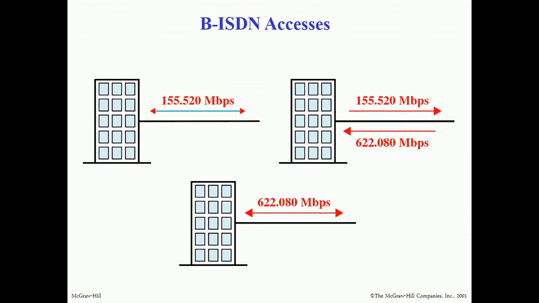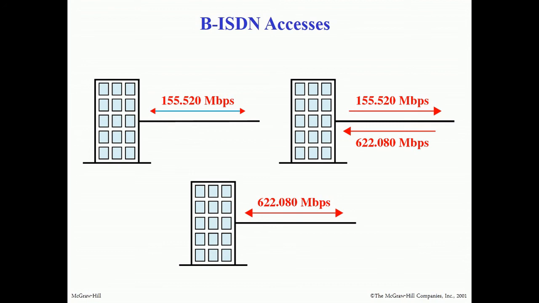So we can say that broadband ISDN is much better than narrowband ISDN in various ways. Narrowband ISDN was an initial step in the digital age, and broadband ISDN is a bold leap into the unknown.